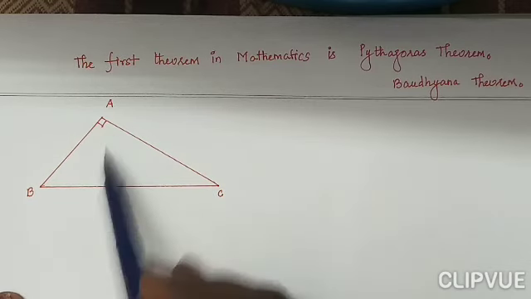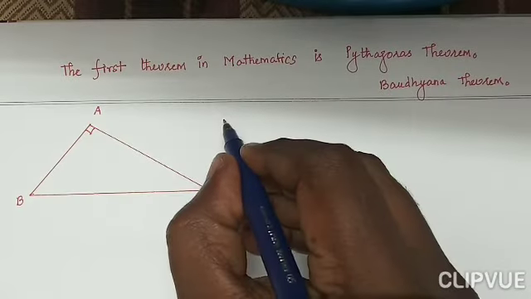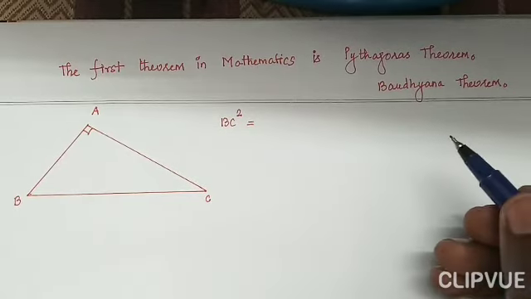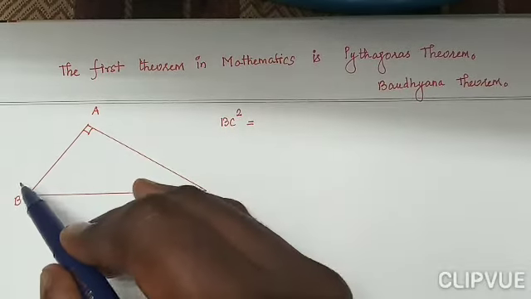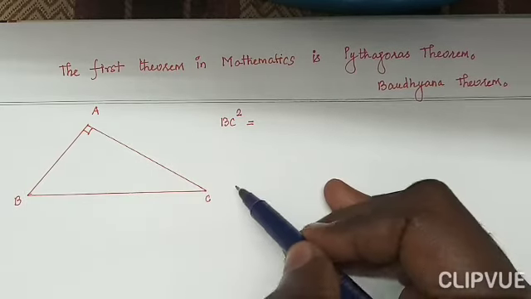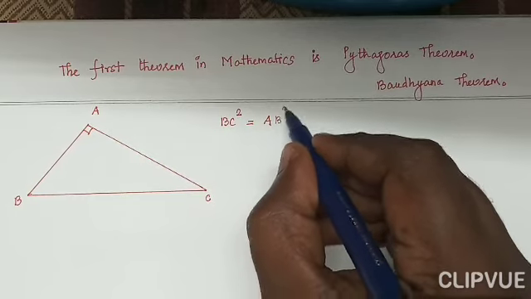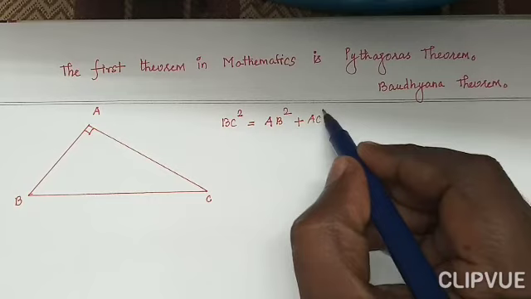If it is 90 degree, it is the longest side. The hypotenuse square, BC square, is equal to the sum of squares of the other two sides, AB and AC respectively. So the sum of squares of the other two sides can be written as AB square plus AC square.